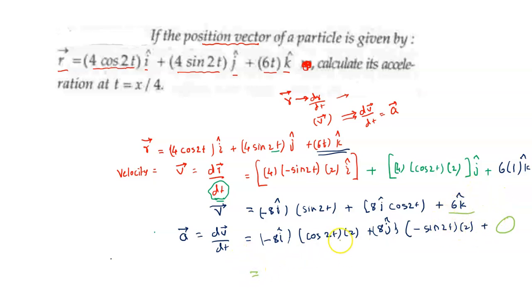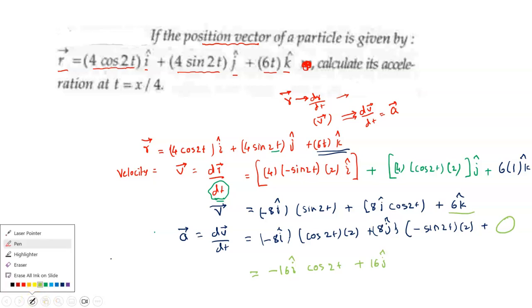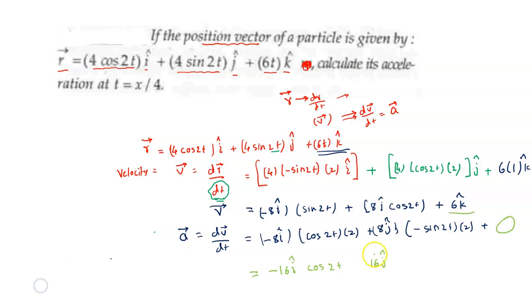So the final answer: 8 into 2, minus 16 i hat cos of 2t, and minus 16 j hat sine of 2t, with no z-axis component. So the acceleration is minus 16 i hat cos of 2t minus 16 j hat sine of 2t.